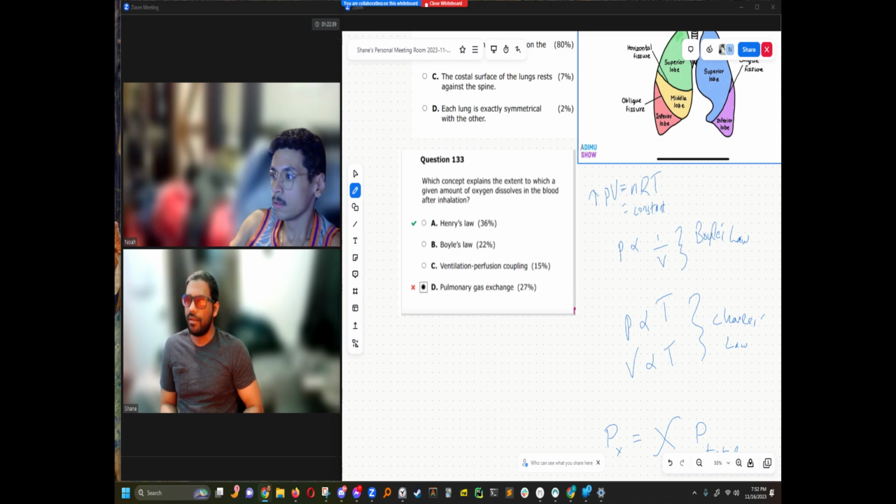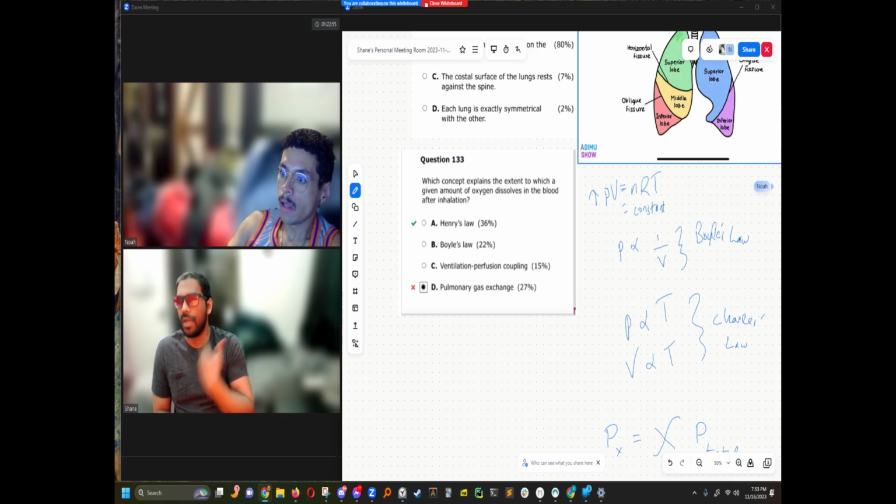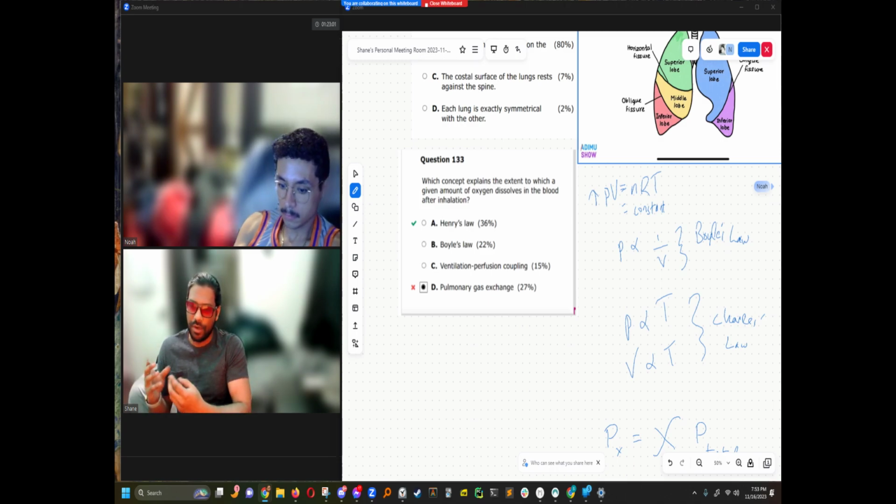Yeah, and then Boyle's law, the relationship between pressure and volume, being inversely proportional. C, ventilation perfusion coupling. That's essentially just a fancy way for them to say that the air that you're inhaling, that's the ventilation part, and perfusion is the oxygen that you're inhaling being absorbed into the bloodstream, right?